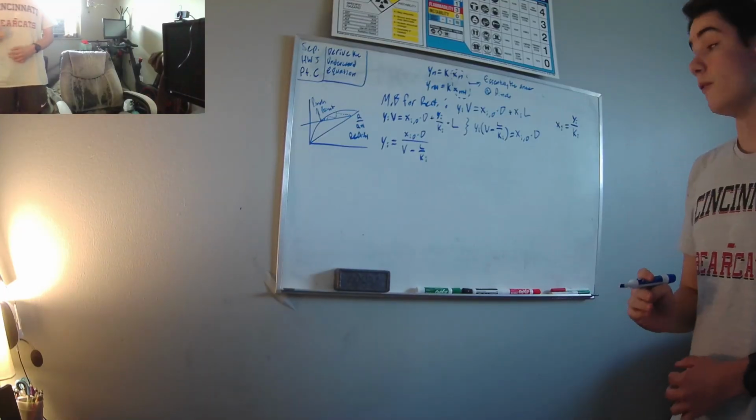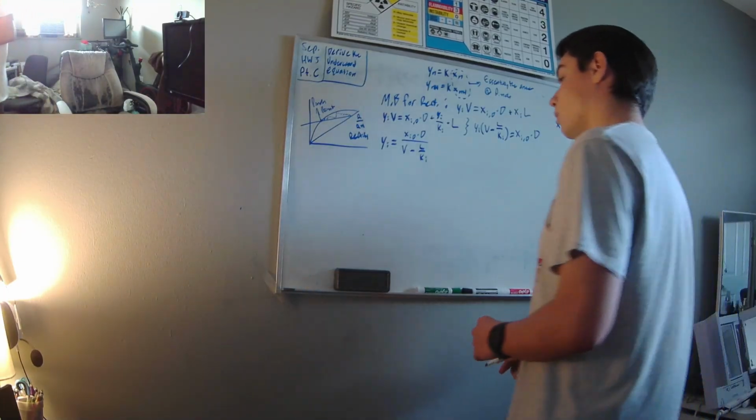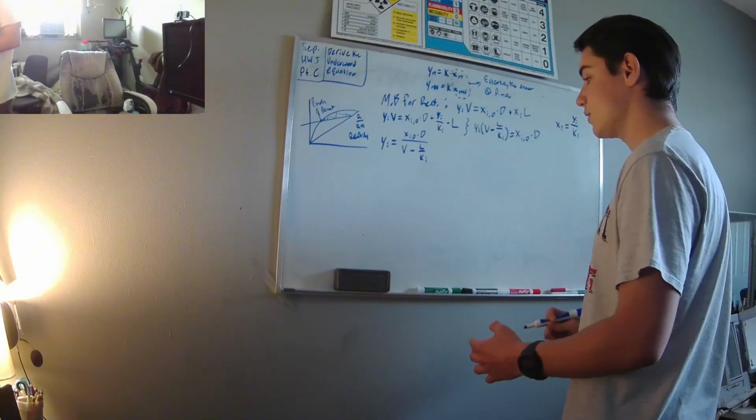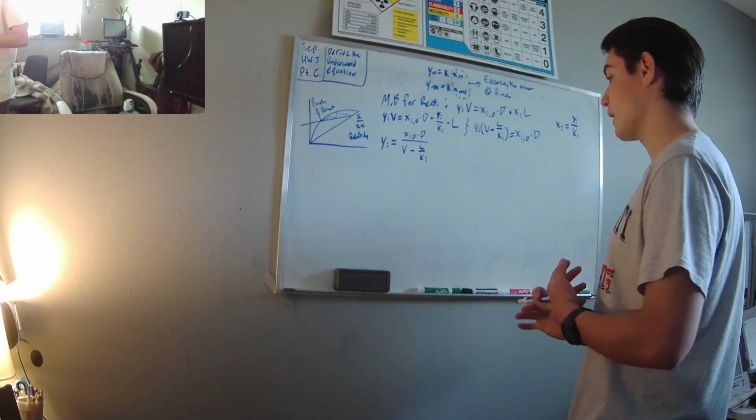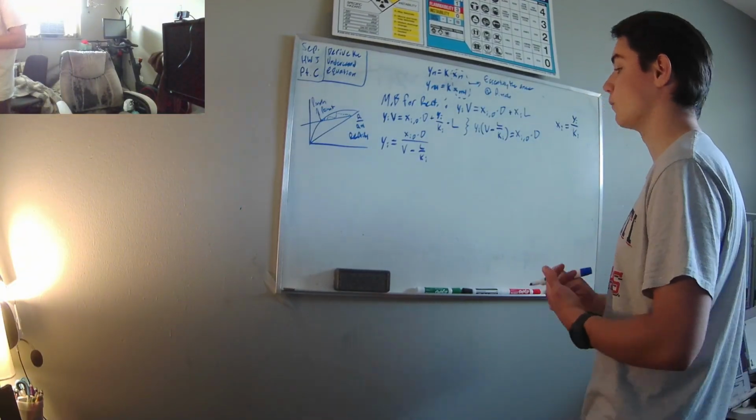At this point, we're getting very close to what we would call our Underwood equation, where we need to move a couple things around to get to the actual form that we're going to need here.